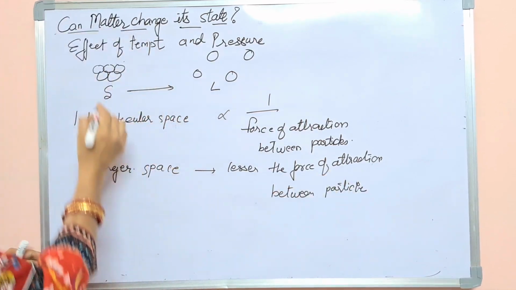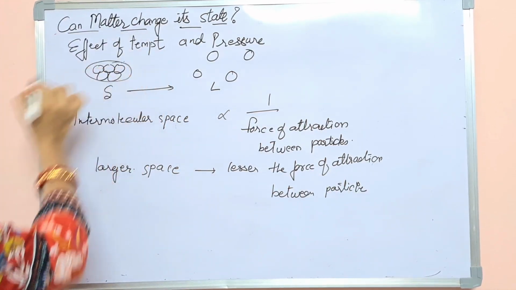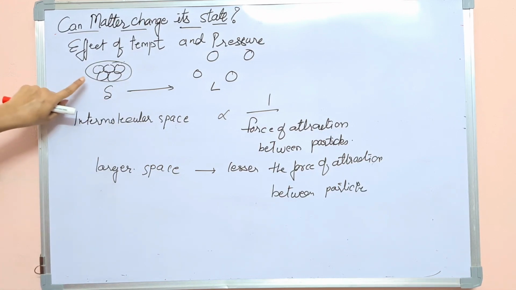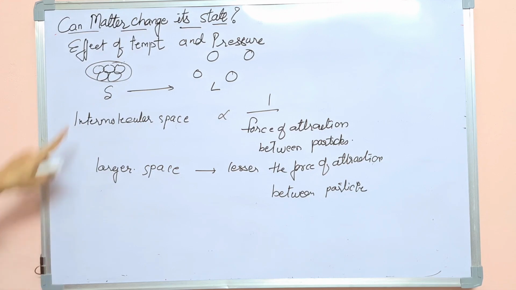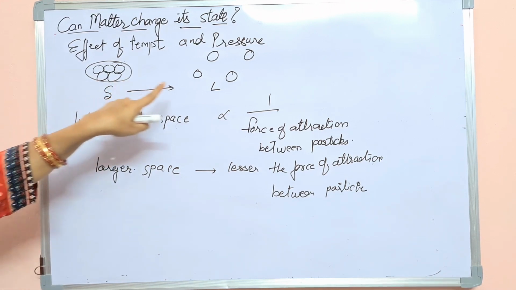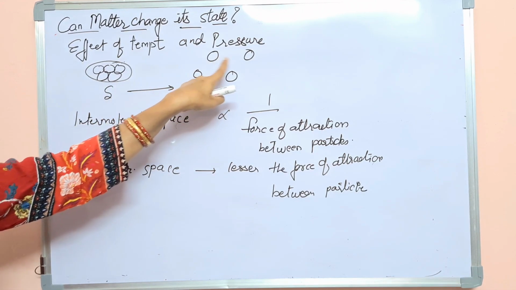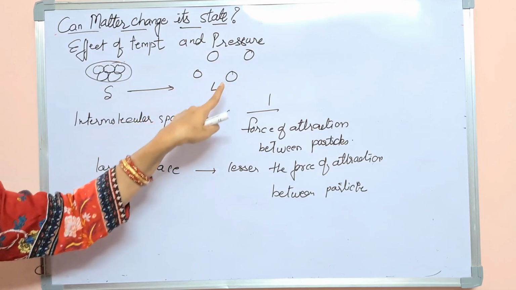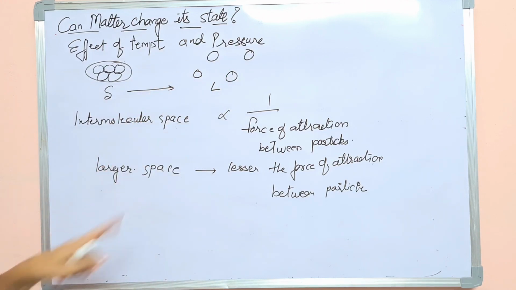ठीक है, मतलब अगर force of attraction बहुत ज़्यादा strong था तो molecules are very close to each other and less empty space. But here the empty space is present, means force of attraction between the particles is less. So this factor is also responsible for the three states of the matter.